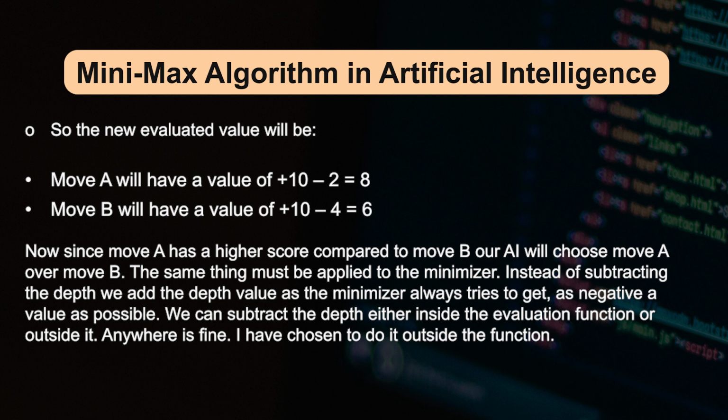The same thing must be applied to the minimizer. Instead of subtracting the depth, we add the depth value, as the minimizer always tries to get as negative a value as possible. We can subtract the depth either inside the evaluation function or outside it. Anywhere is fine. I have chosen to do it outside the function.